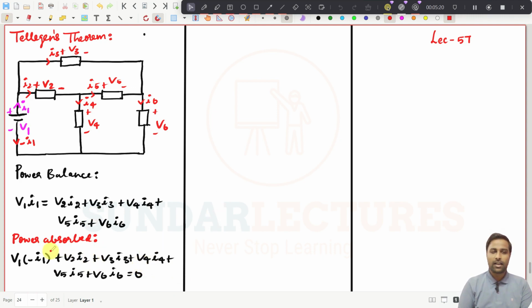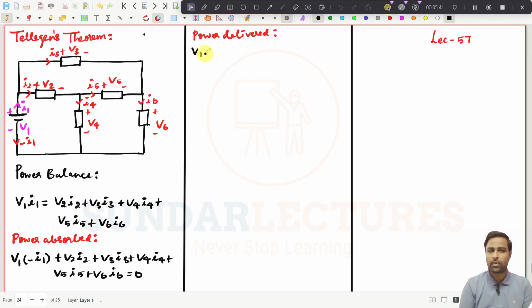Or you can write it in another way, in terms of power delivered. Bring these elements to the left-hand side, so everything is in terms of power delivered. How will you do that?